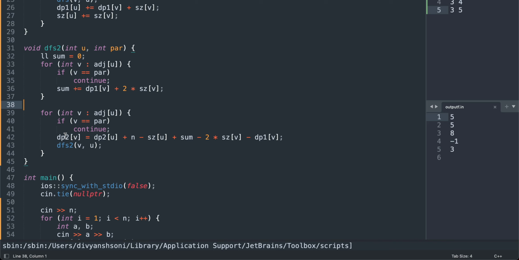That means dp of 3 is nothing but dp2 of 1 which is 0 plus n minus size of 1, which is 0 plus sum minus 2 times this value, which is total sum minus 2 times size of 3 minus size of 1. That means for 2 it will calculate. I think this should work here. Why is it not working?